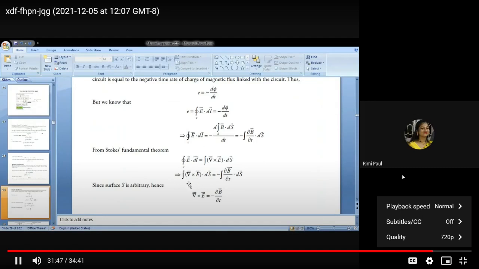So open surface integral curl E dot ds, and that is equal to minus del B by del t dot ds bar. So we can write curl E is equal to minus del B by del t. So what we are saying is that flux density is now varying, which produces a rotating electric field.